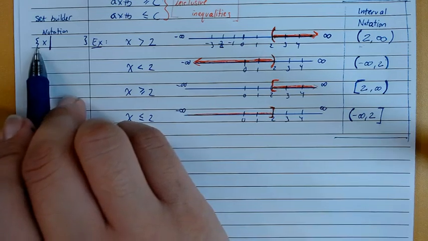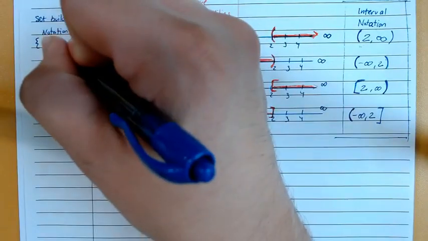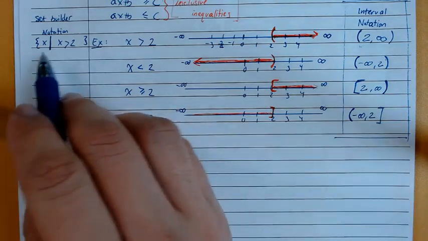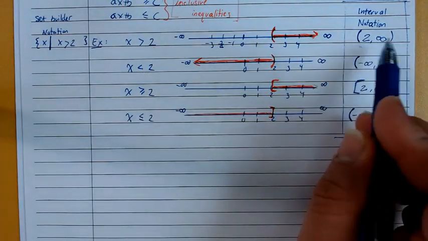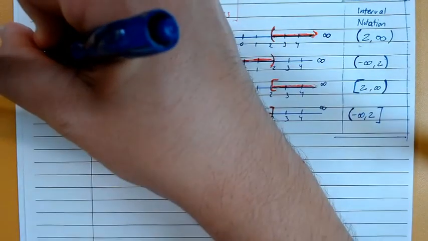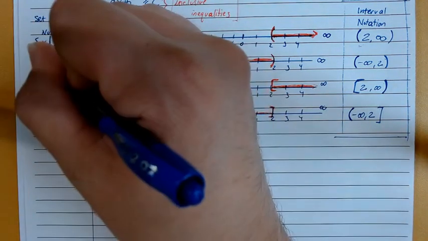Oh, I want to find the set of all x's. Oh, which x's? Oh, the ones that are greater than 2. And there we go. This is the set builder notation, and it describes the same thing that this interval notation does. Likewise, here we could say I want the set of all x's. Which x's? Oh, the ones that are less than 2.